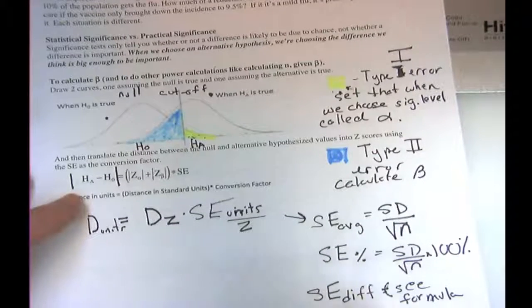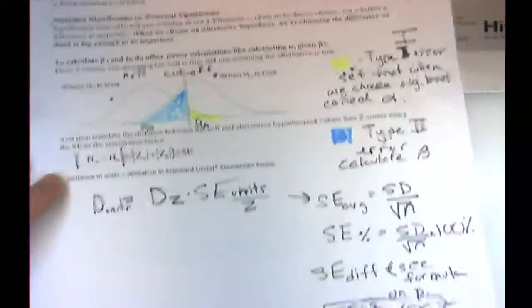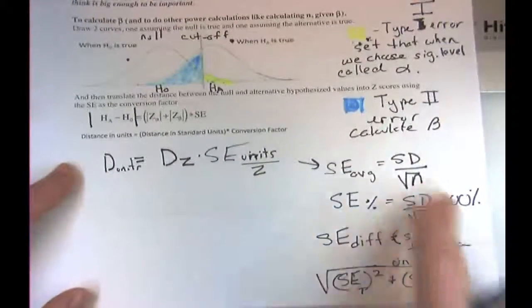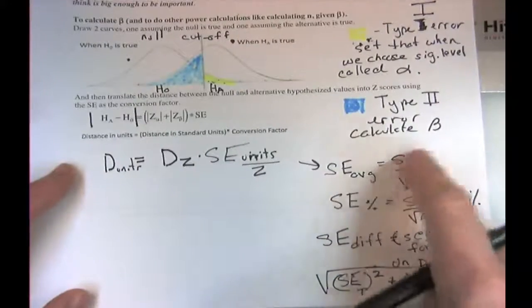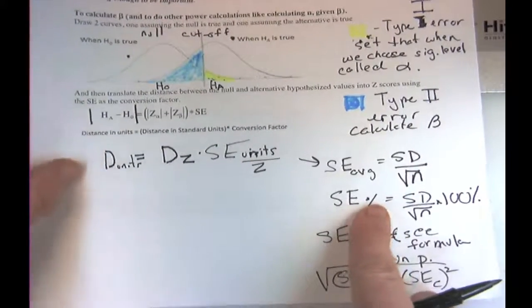You'd say the standard error for the treatment group, squared, plus the standard error for the other group, the control, squared. Whoa, sorry. It's like the Pythagorean theorem. So for now, we're just going to be using these two formulas. All right? So let's just jump right to an example, and you'll see how we do this.